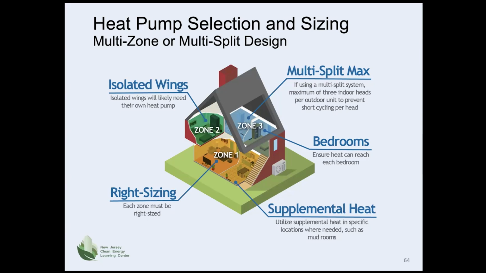And then the general living area downstairs is another zone, one of the larger zones in the house. And there may be certain sections, though, of the downstairs that don't get used very often. In this case, they're talking about a mud room, but it could be another room, a powder room, or a bathroom on the first floor that's small, but doesn't really have a high heat load compared to the other areas.